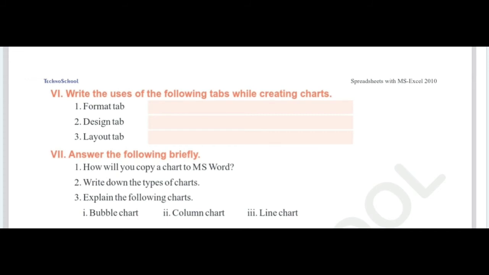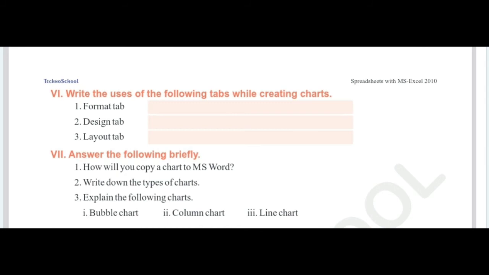Format tab: the use of the format tab is to modify shapes, styles, word styles, and the size of the chart. When you insert charts in MS Excel, you can change their format. We have more format options as per your requirement, such as shape styles and word styles in the chart. So this is the answer: to modify shapes, styles, word styles and the size of the chart.